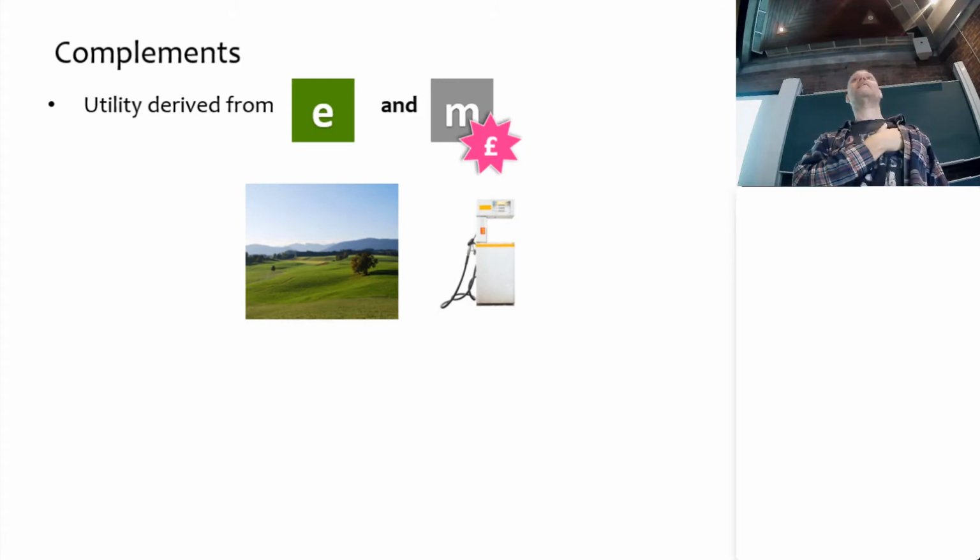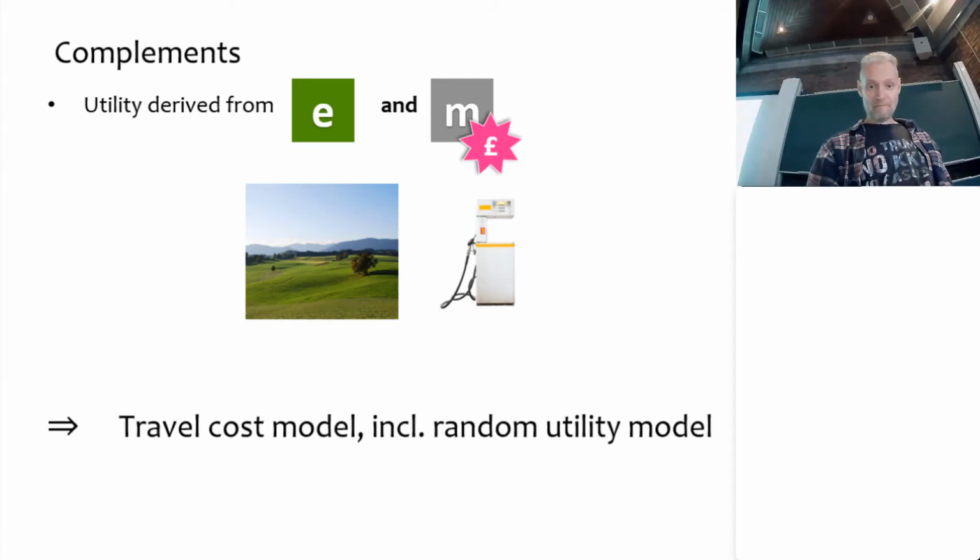So here the environmental service, hiking in the hills, can only be enjoyed if you also spend money on travel, right? So now the environment and market are complements, and that comes under the heading of the travel cost method, right? And we'll talk at length about all three methods later in the lecture, right?